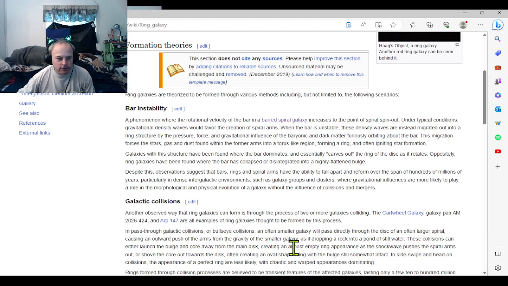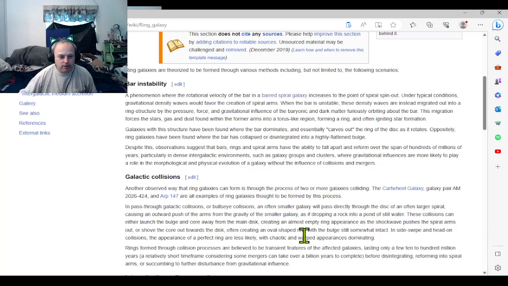So the collision can either launch the bulge or core. Let's see, galactic collisions. This may be something touching on it. The outward pull of the gravity of a smaller galaxy, like dropping a rock into a pond, can either launch the bulge or core away from the main disk, creating an almost empty ring appearance, also causing an oval-shaped ring.